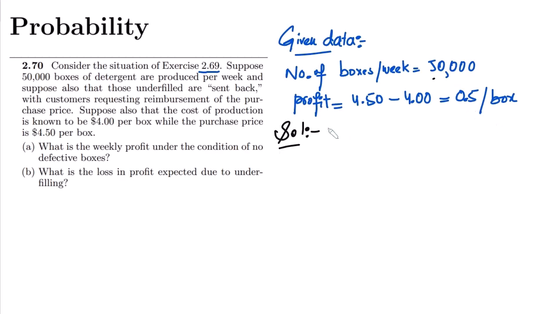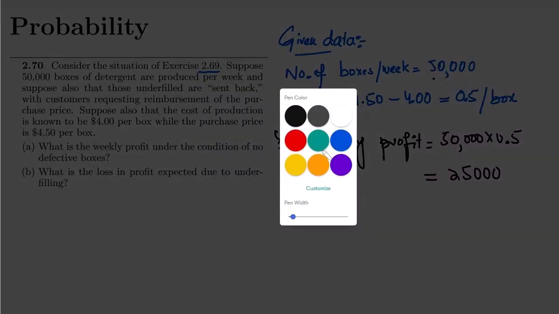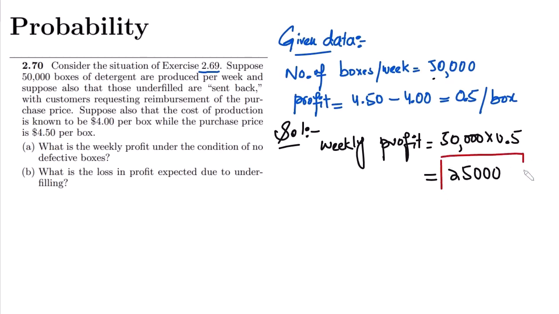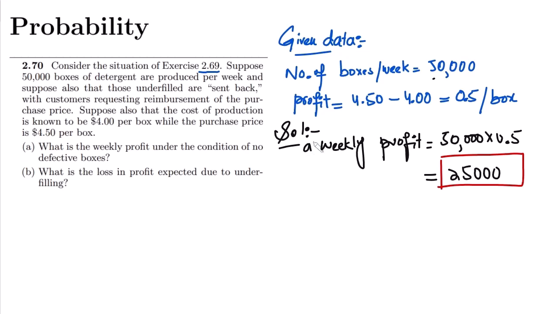Therefore the weekly profit under the condition of no defective boxes will be 50,000 multiplied by 0.5, so it would be 25,000. That is the answer of part A.